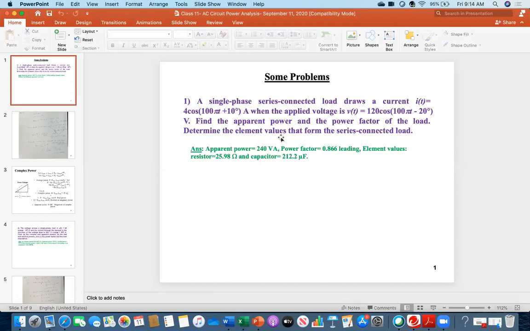Element values mean that after solving the problem you have to tell whether it was resistance, or a combination of resistance and capacitance, or all three components. And before that, you have to find the apparent power and the power factor. Here I have just written down the answer, but I am showing you the solution, and let's discuss, then you will understand.